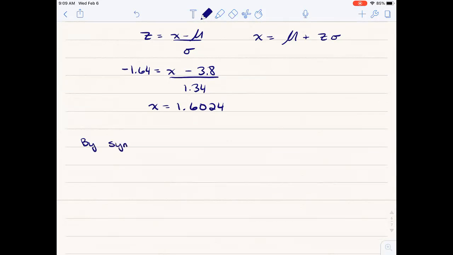By symmetry, we know z equal to 1.64 is the cutoff on the upper end.